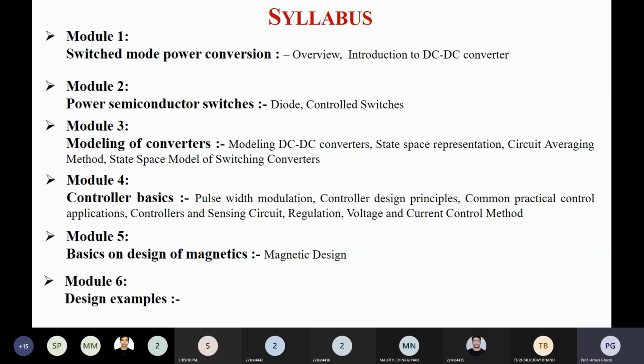Some numerical problems will also be there. Most of the portion will be informative, and some numerical problems will also be there. Based on that information, based on those steps, you can solve the numerical problems. If you face any numerical question, you have to solve it based on the steps of your converters, whatever steps you have, and derive your problems.